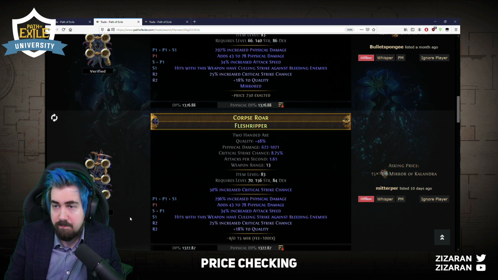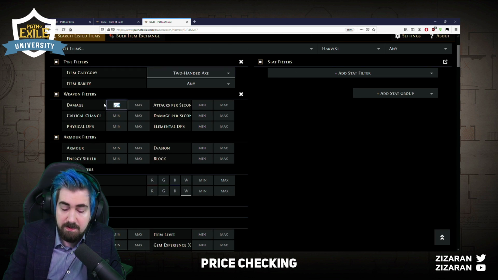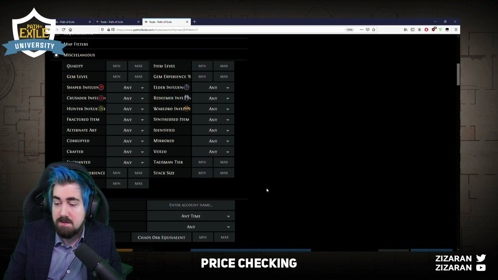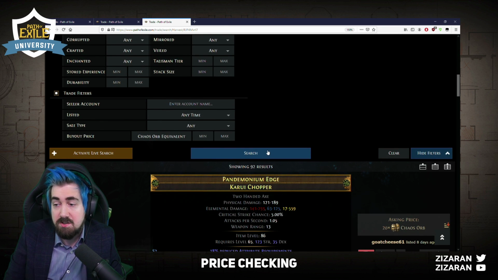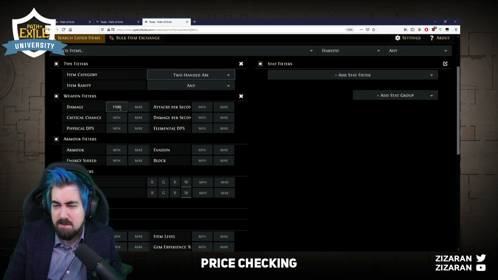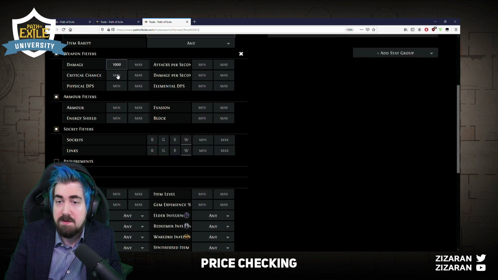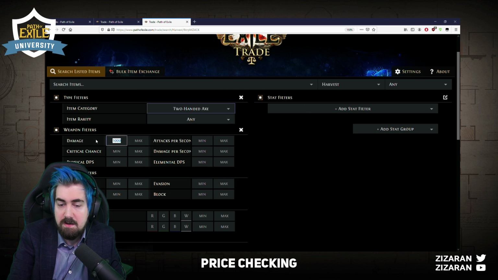Right, let's see. Now, let's go back to the elemental one just to show a big difference here. 1,100 DPS. Now we're actually talking about usable weapons. Why is it not showing any? Oh, I guess it can't be that high.